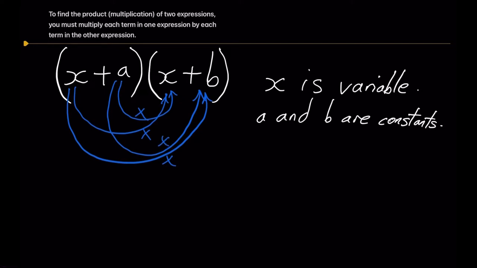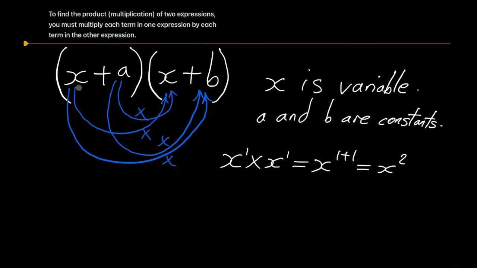So what's x times x? As before, we'll be using index laws, the multiplication index law, whereby we add the exponents. If you didn't watch that video, or if you're unfamiliar with that concept, you can watch the previous video. So to multiply x to the power 1 by x to the power of 1, this is the same as x to the power 1 plus 1, which is equal to x squared.